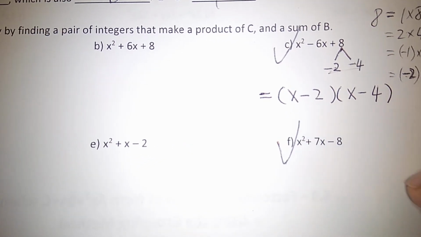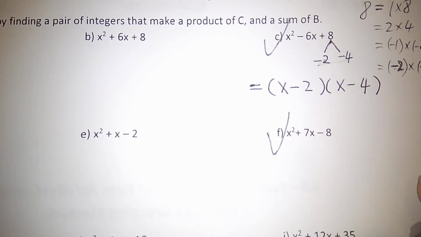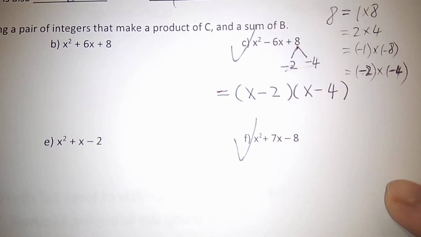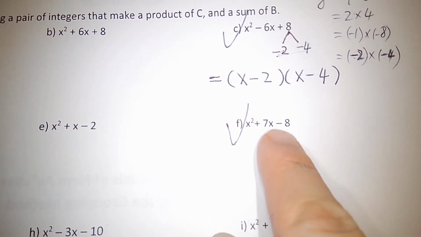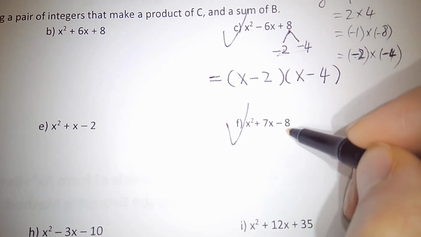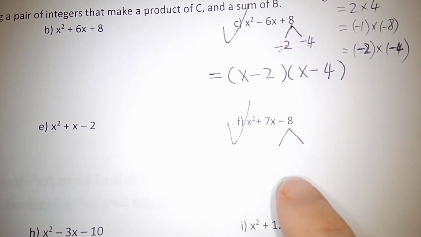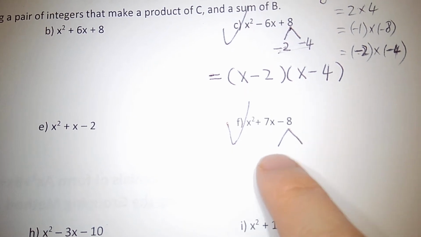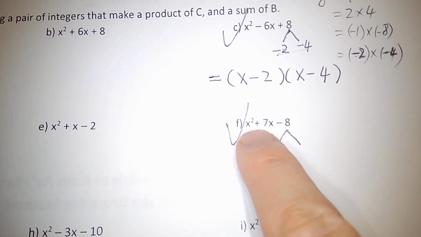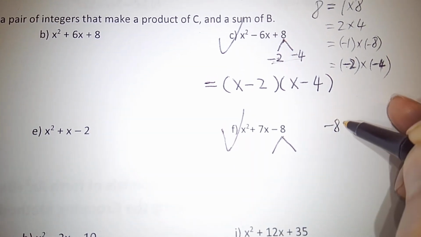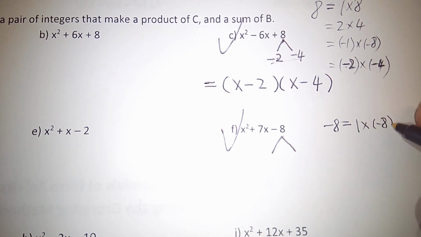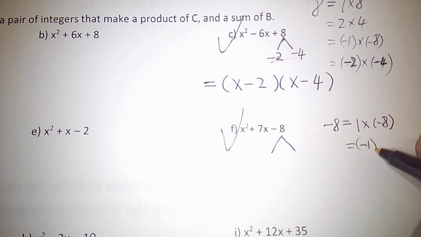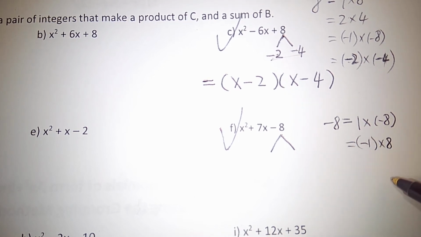How about question number F? What is c? Negative 8, right? How can we factor negative 8 such that the sum of these two factors equals 7? Negative 8 can be factored to be what? 1 times negative 8 or negative 1 times positive 8, right?